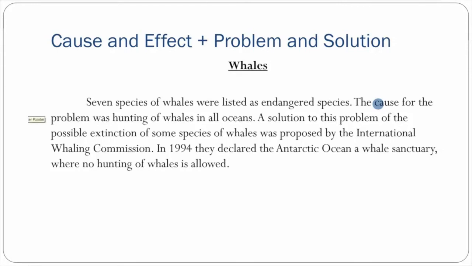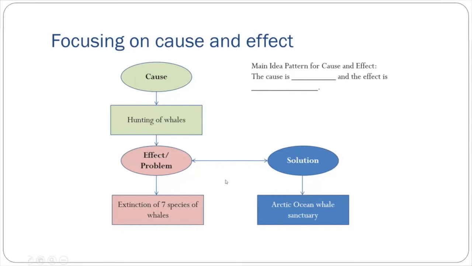So as I stated earlier, the cause and effect text structure is tightly linked with problem and solution, and it is very important for readers to make note of that. So I've redrawn the diagram and shown how the cause is the hunting of whales.